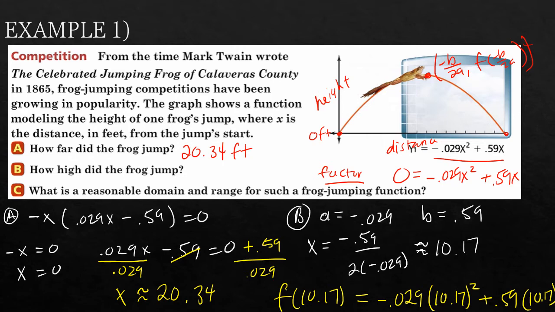And then we're going to add that to 5.9 hundredths times 10.17. Okay, so once we type all that in the calculator, we should end up with approximately 3. So the frog jumped 3 feet at its highest.